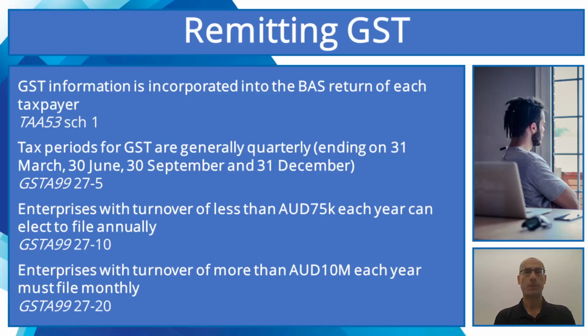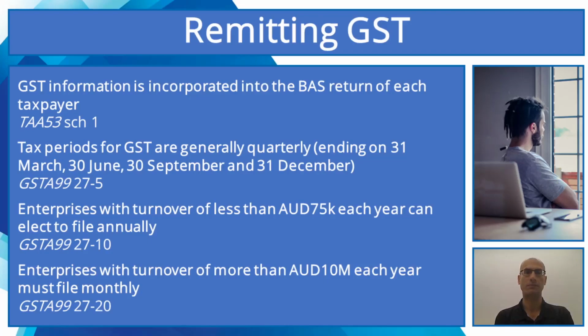Now, for GST, again, the size of the entity determines how often you have to fill these things in. Note that for most entities, it's quarterly. So you do 4 each year, with the 30th of June being one of those 4 reporting periods, the end of March, end of September, end of December.